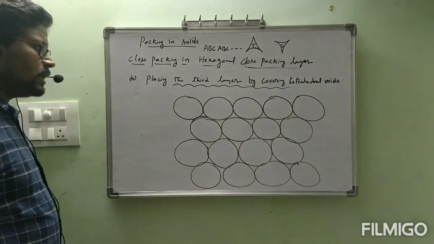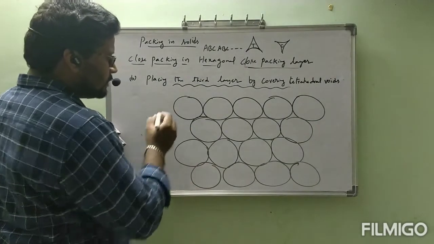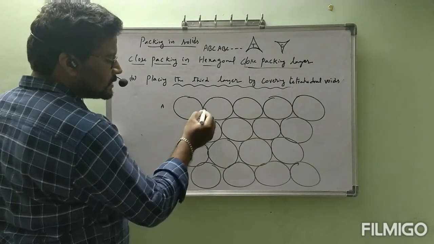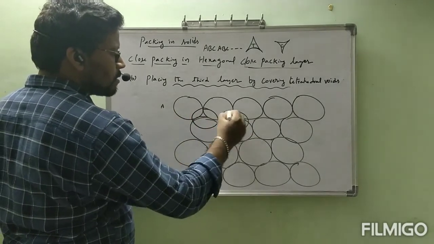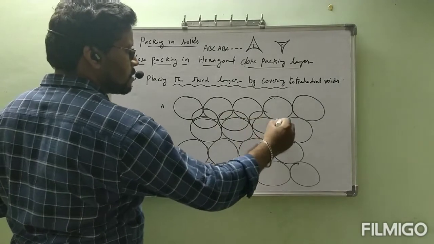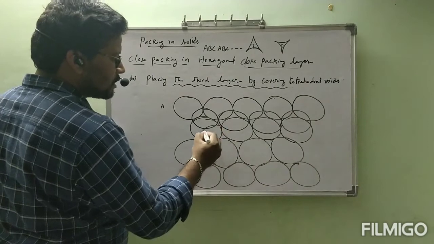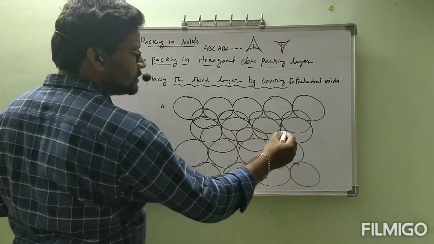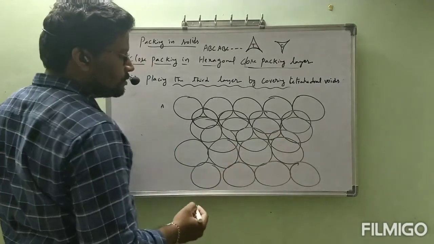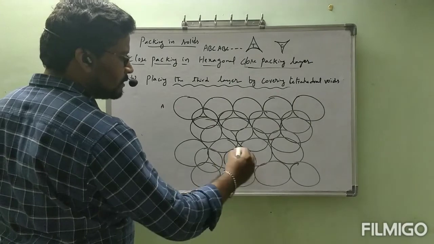So this is all about the A layer. In what way did we keep the B layer? The B layer is kept in a way that the triangular voids which are present pointing upwards are exactly covered by the B layer.